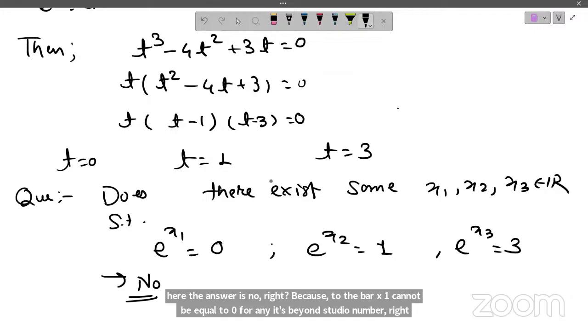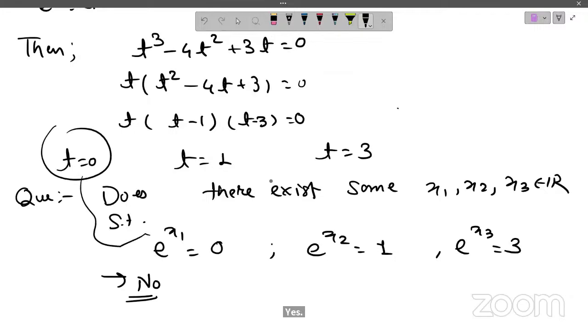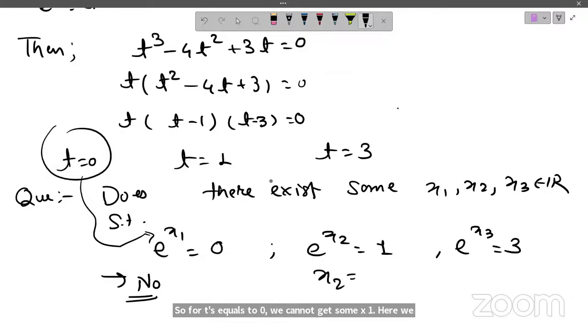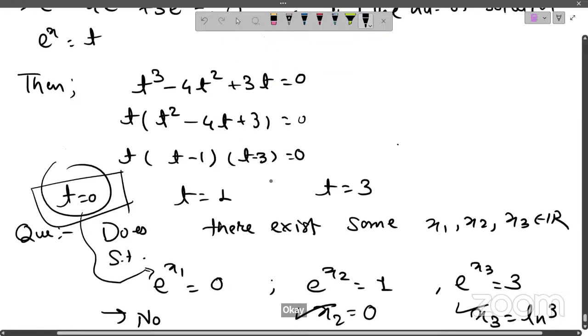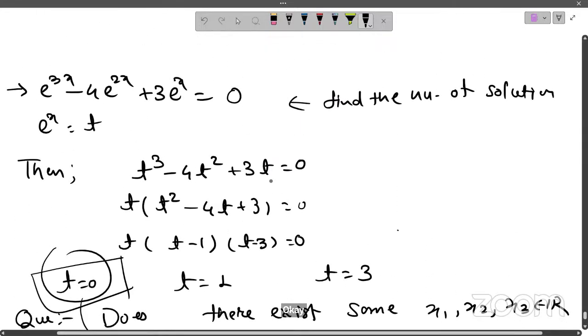Yes, ma'am. So for t equal to 0, we cannot get some x1. Here we can find x2, which is nothing but 0. If we put x2 equal to 0, then this is true. And here also they may exist. Simply take x3 to be ln of 3. That will work. So for t equal to 0, we cannot find an x such that e to the power x1 is equal to 0, because we have to find x which satisfies this expression, not this polynomial.